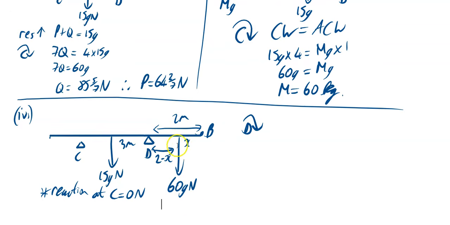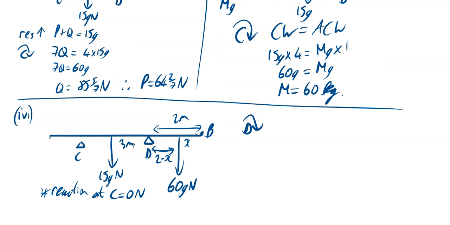It's moved to the right-hand side of the pivot at D, causing this pivot at C to have no reaction at all. So it's lifting off that effectively. So you've got two forces to consider. This 60G newtons, which is 2 minus X meters away from D, and you've got 15G newtons, which is 3 meters away from D.